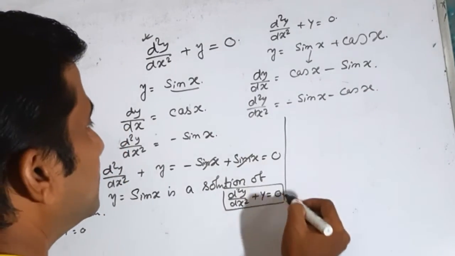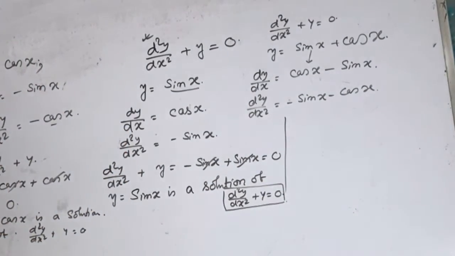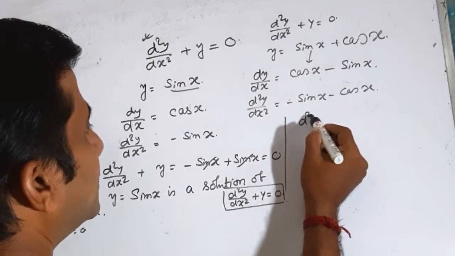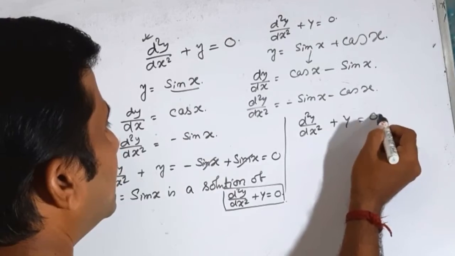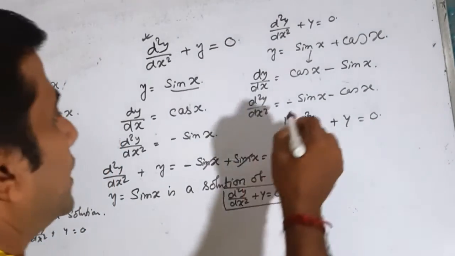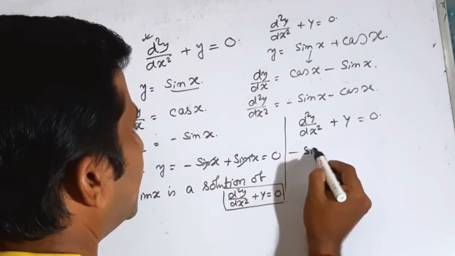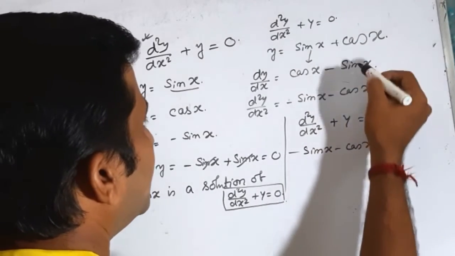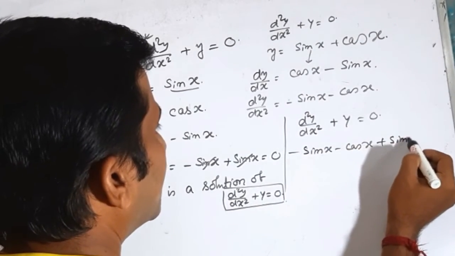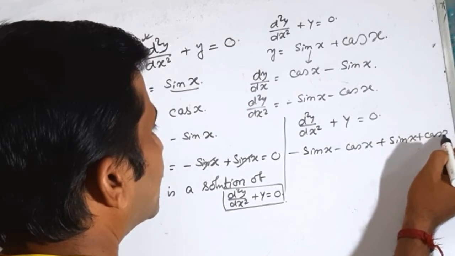Now putting this in d2y/dx2 plus y is equal to 0: d2y/dx2 means minus sin x minus cos x, and y means sin x plus cos x.